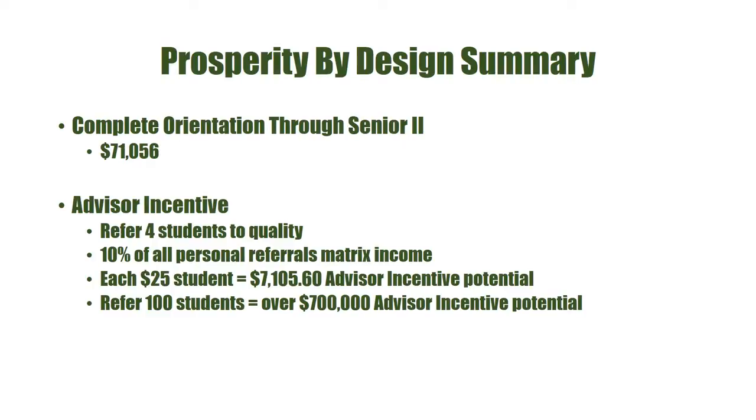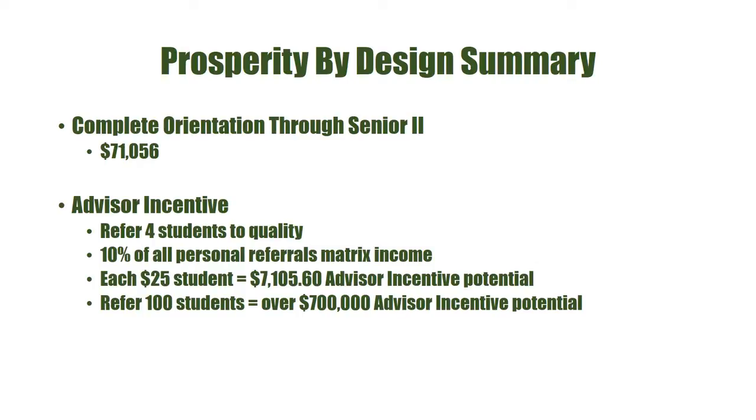So each $25 student that you bring into Prosperity by Design, if they completely go through the program and go through the Senior 2 class and fill up their 39-person classroom, you're going to earn back $7,105.60 in advisor incentive pay for each student that you refer to Prosperity by Design.